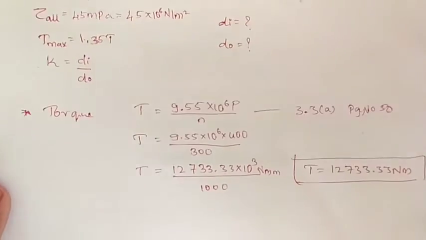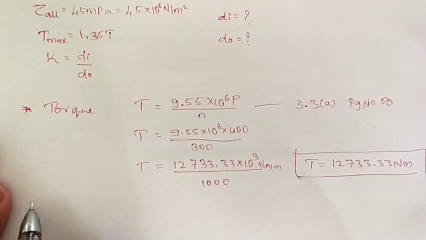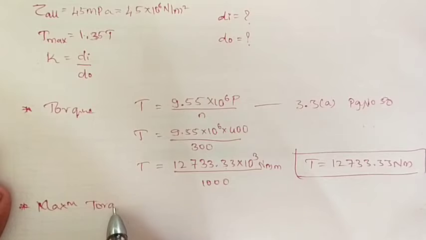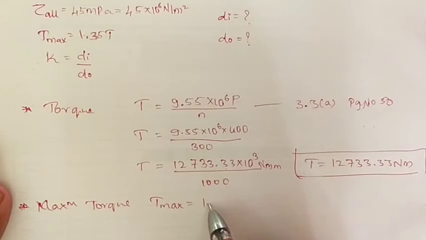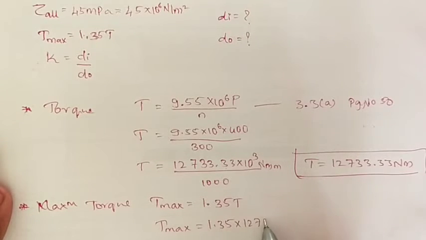Using this torque, what is the maximum torque? T max is equal to 1.35 times T, which is 12,733.33.